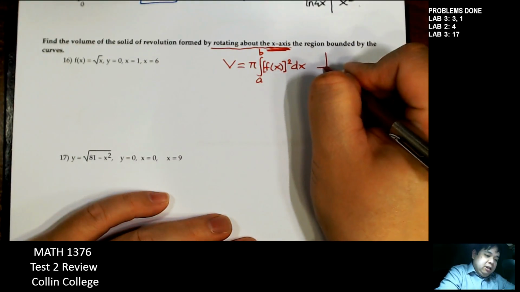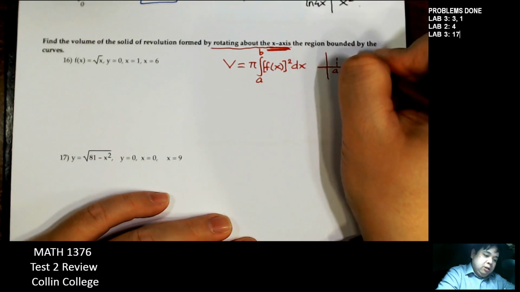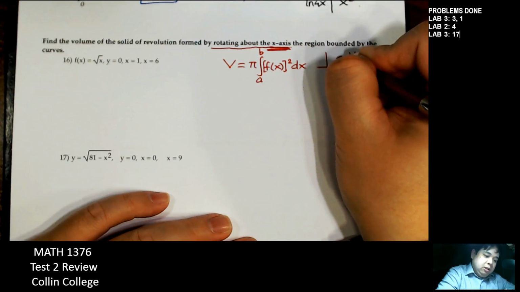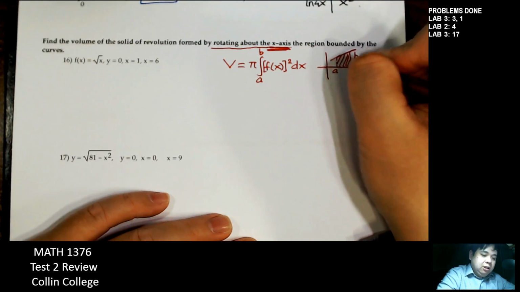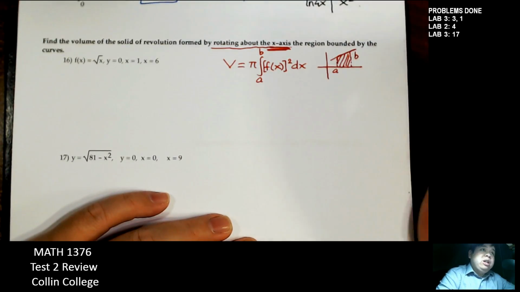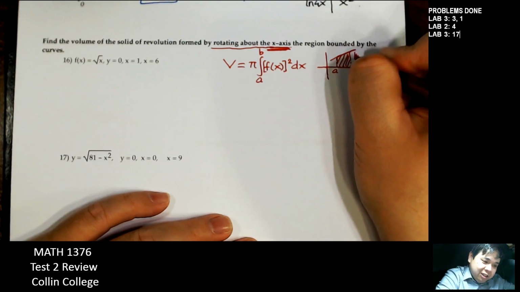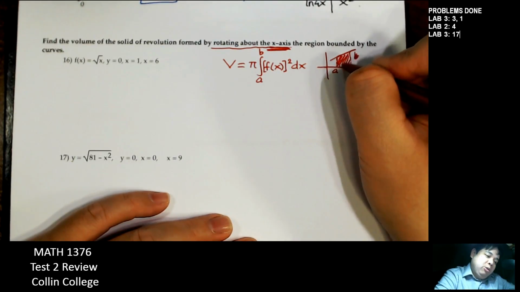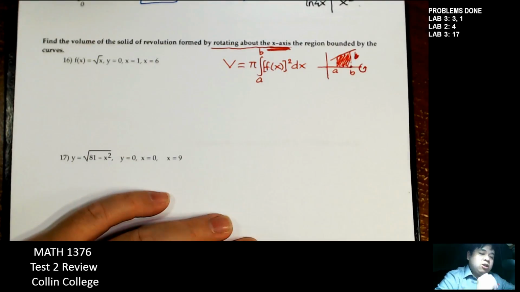The a and b will be the limits of the region. So we will have this region rotating about the x-axis only.